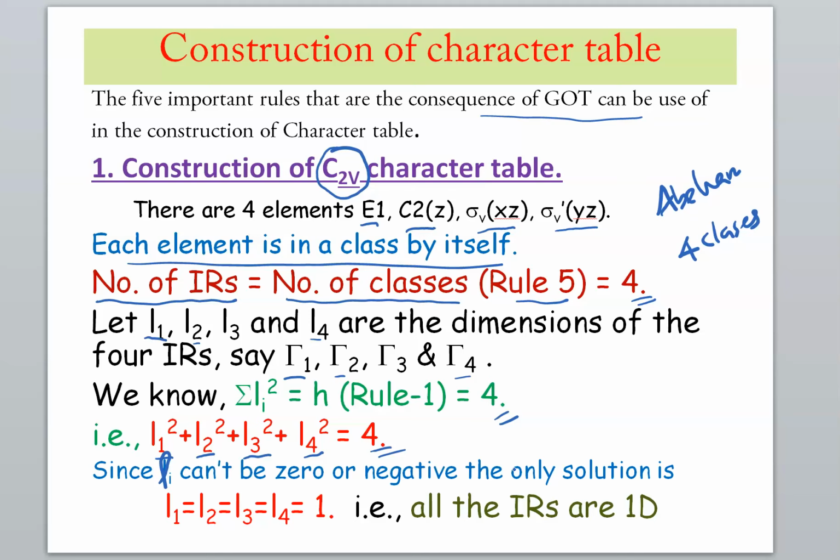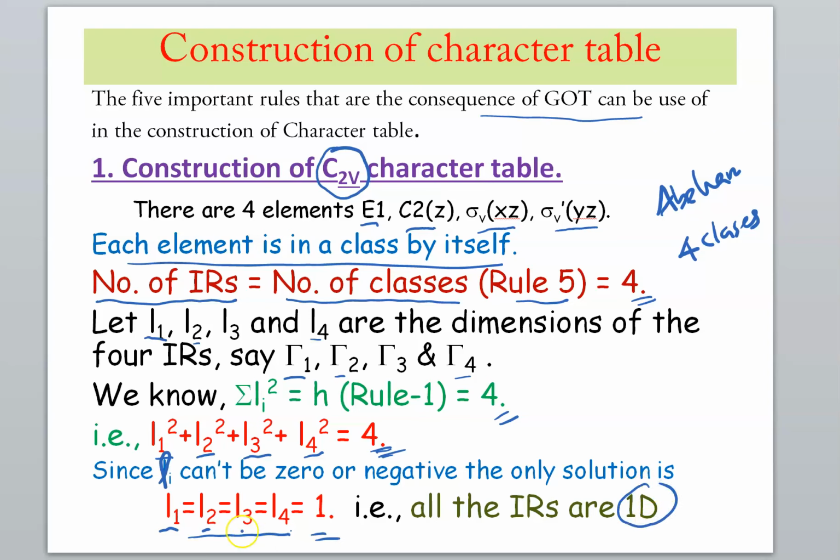Therefore, to satisfy this condition, l1 squared plus l2 squared plus l3 squared plus l4 squared equal to 4, l1, l2, l3 and l4 must all be equal to 1. That means all the irreducible representations are one dimensional.